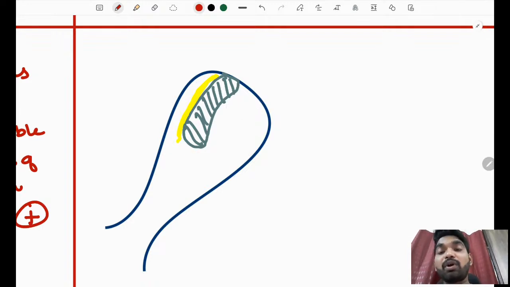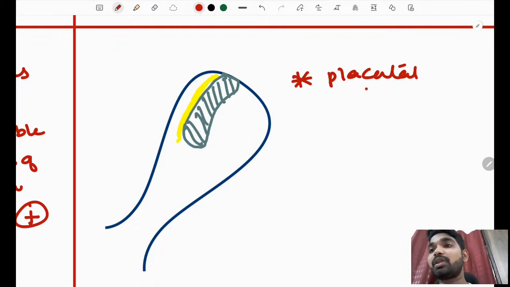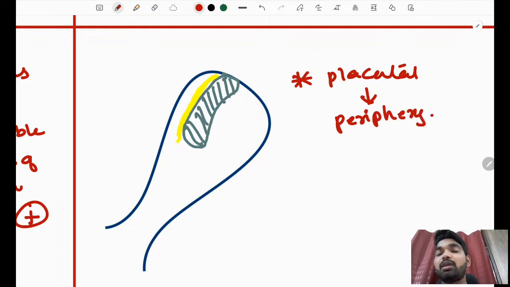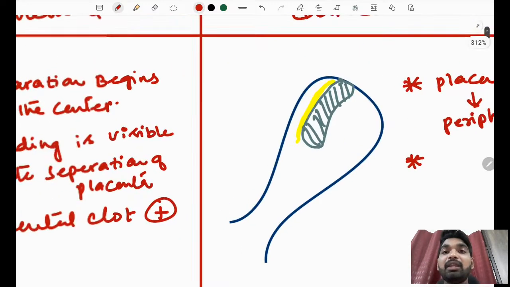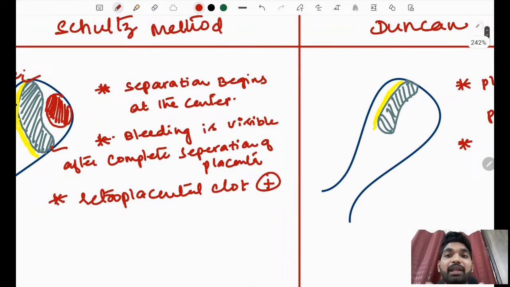And let me write it down. Okay, in Duncan method, placental separation begins from one edge. That means it begins from the periphery. Peripheral separation of placenta is seen in case of Duncan method. And see here, in Schultz method you will not see the blood, right?